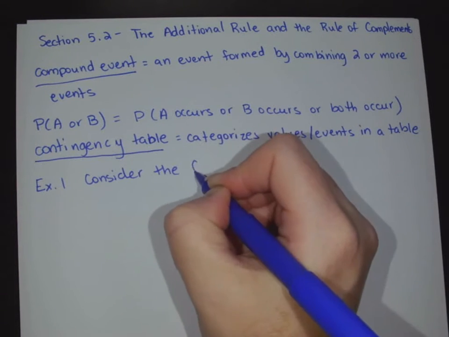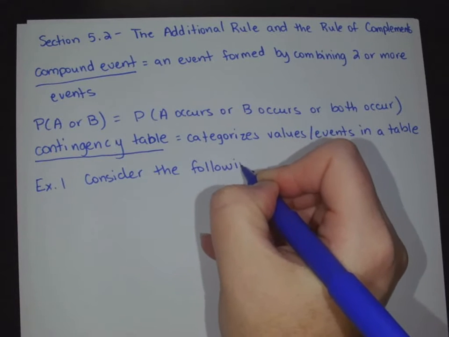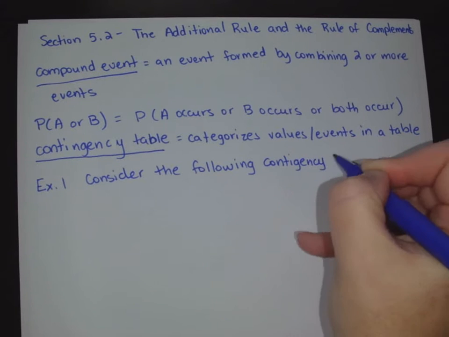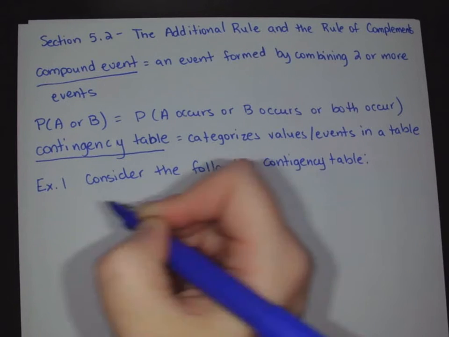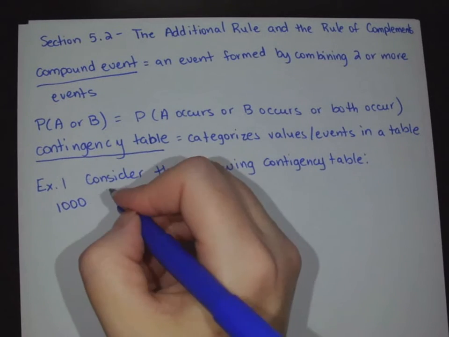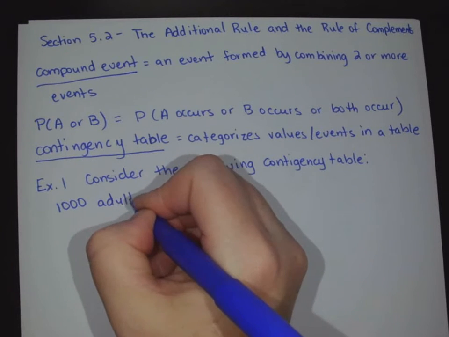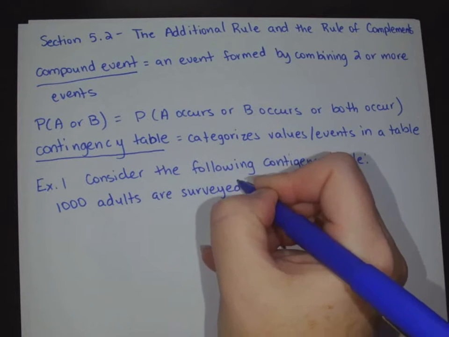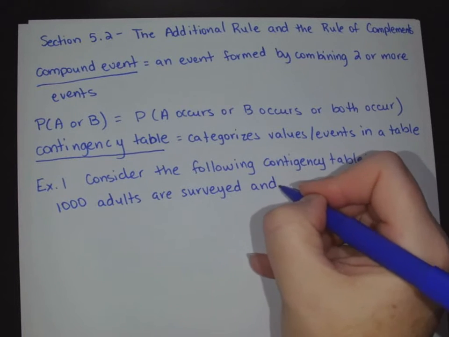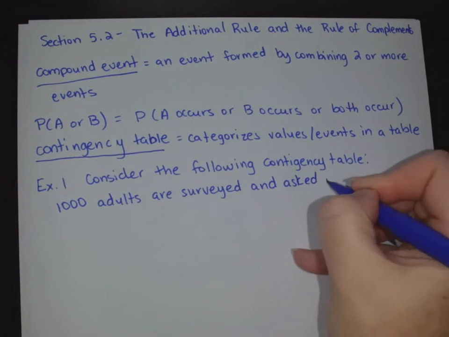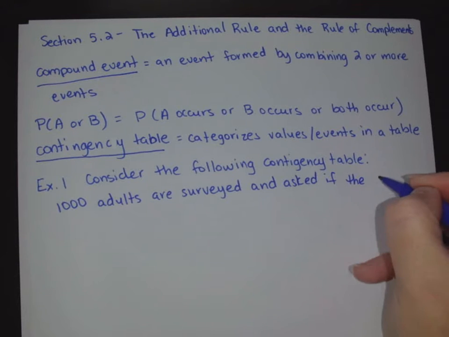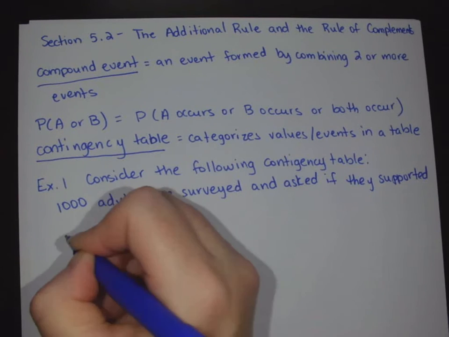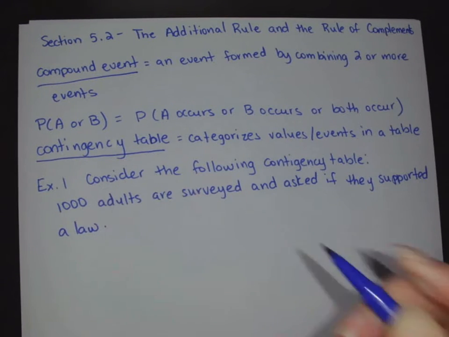So let's consider the following contingency table. Let's say that 1,000 adults are surveyed and asked if they support the passing of some new law, or did they support it in the last election?